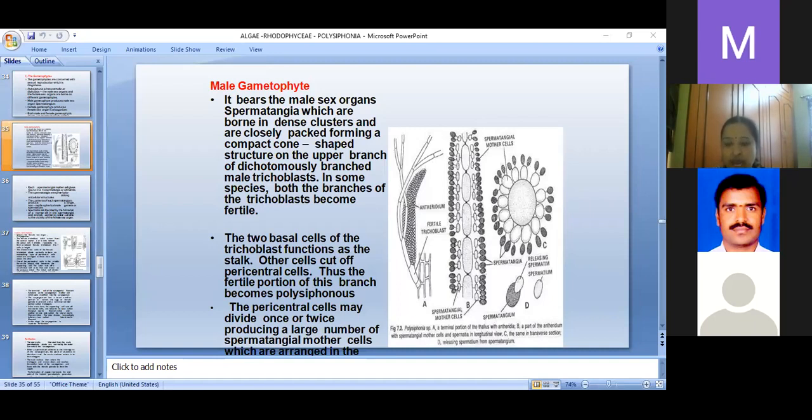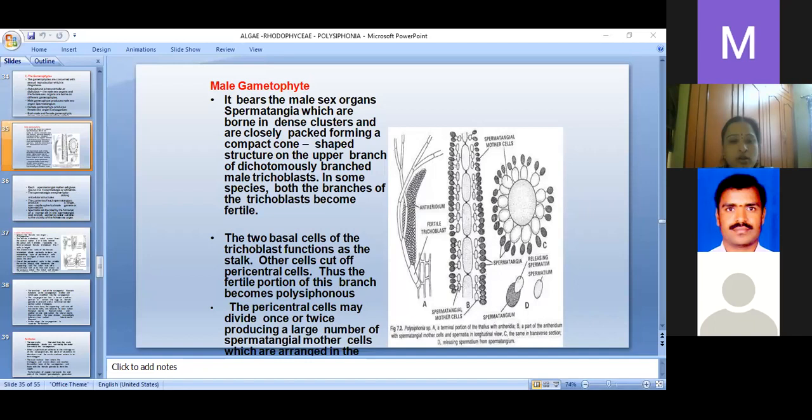You can observe, girls, the urn shape of this body, called the cystocarp or carposporophyte. The cystocarp is always haploid, with the pericarp, but the gonioblast is only in the diploid condition.